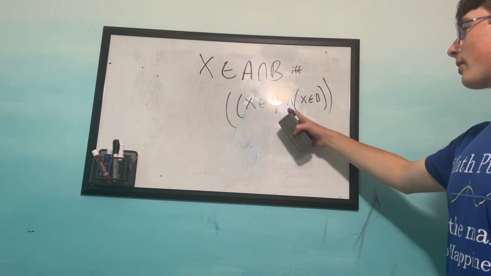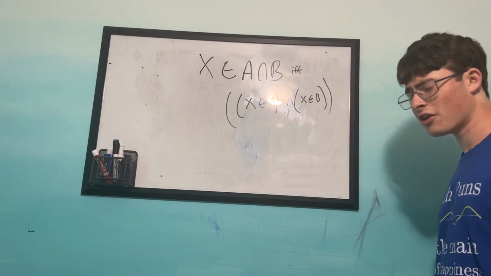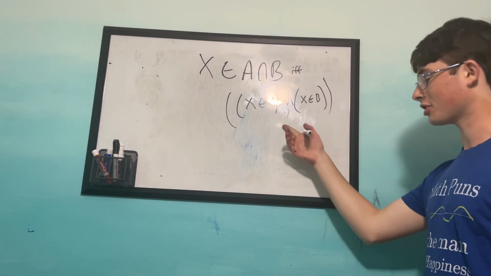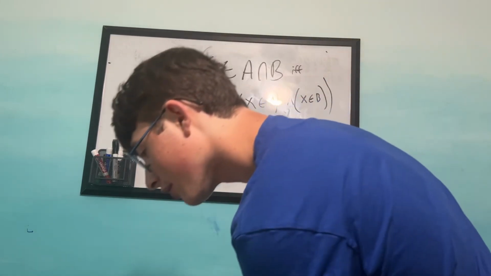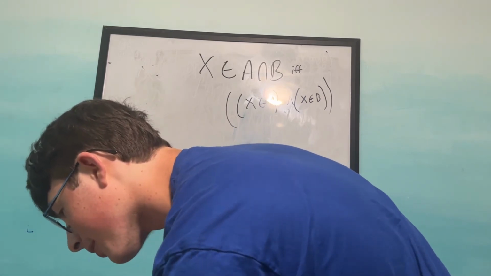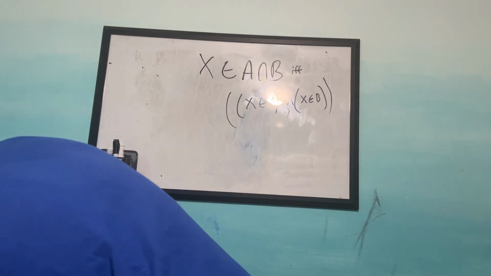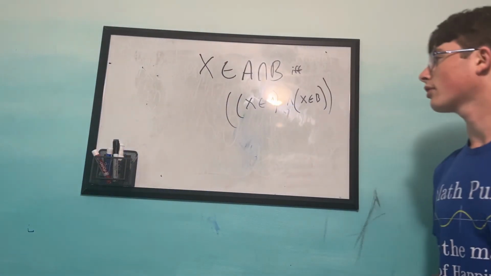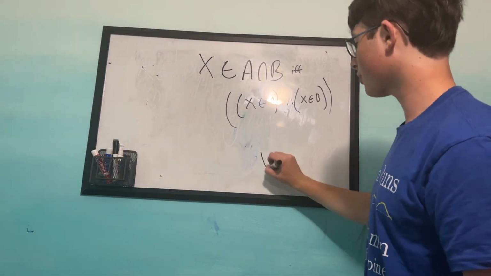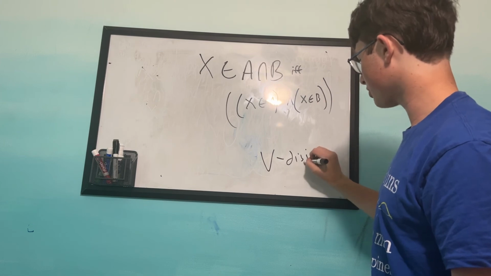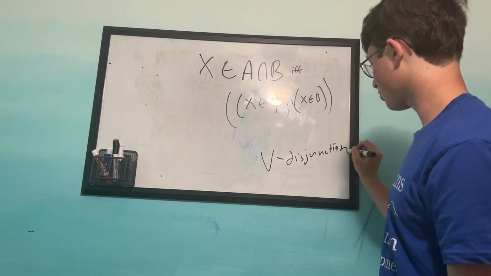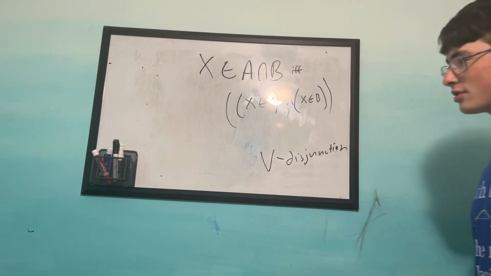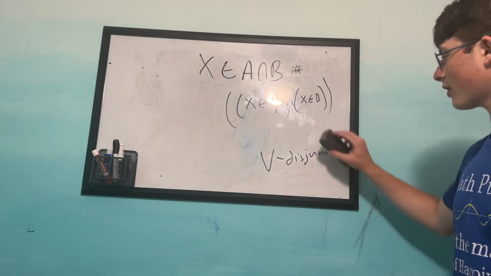Instead of using and, we use the little triangle thing. Also, the formal name for it is a conjunction, I think. Yeah, it is a conjunction, and this symbol is a disjunction. So as long as it has something, it's valid.